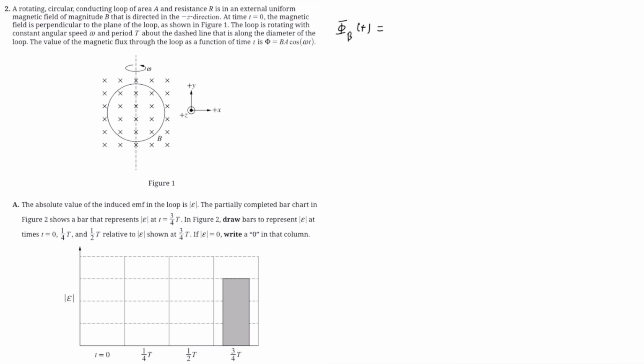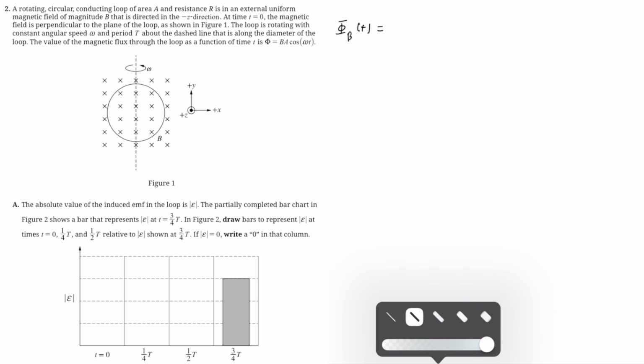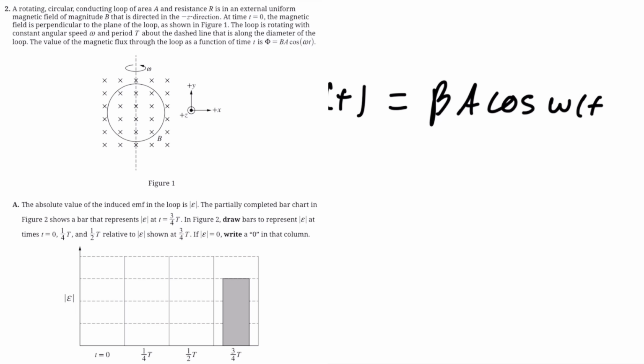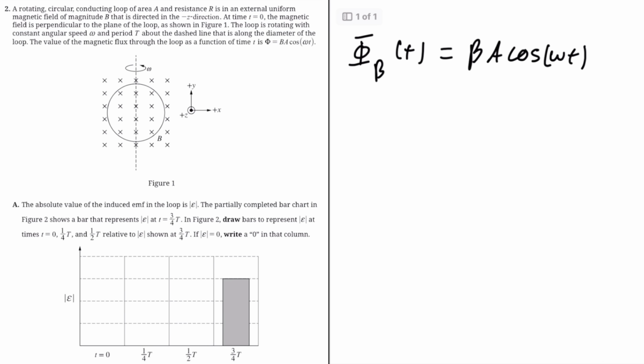But here they're asking for induced EMF, right? Hold on, this is not working with me. Once again. Okay, great. So this is the magnetic flux as a function of time. What we need to consider is that they're not asking us for magnetic flux. They're asking for the absolute value of the induced EMF.